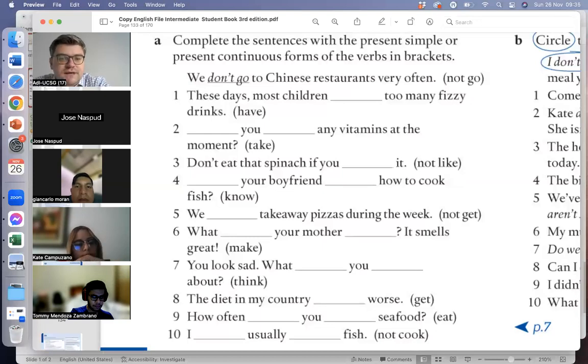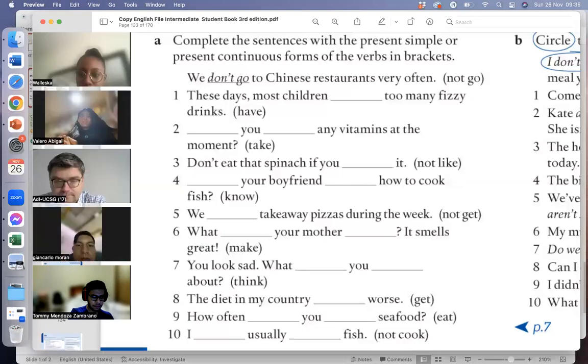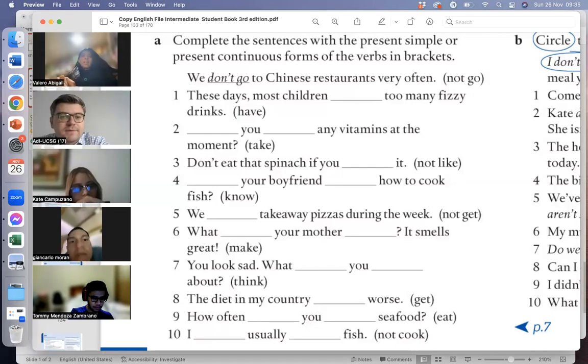9. Who would like to do 9? Valero 9 and Valeska 10. Okay, let's go, Valero. How often do you eat seafood? Why did you pick present simple? Because I use how often. Yes.